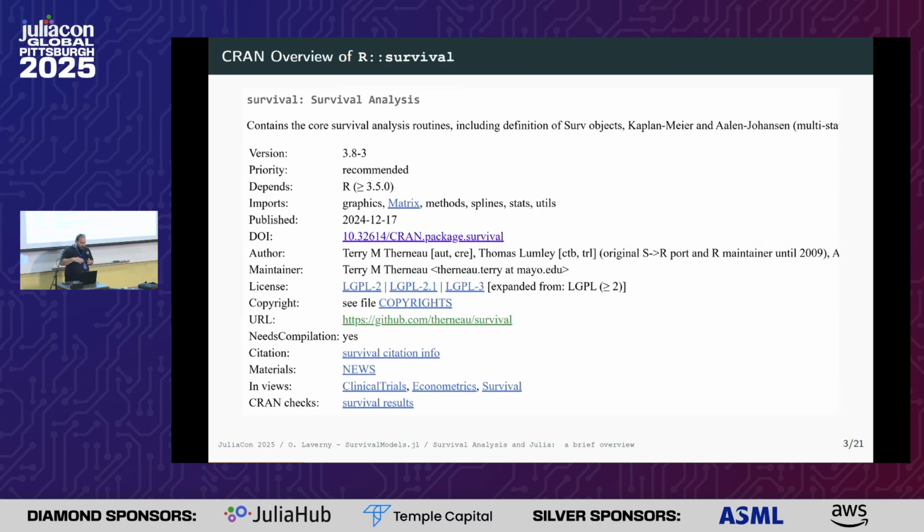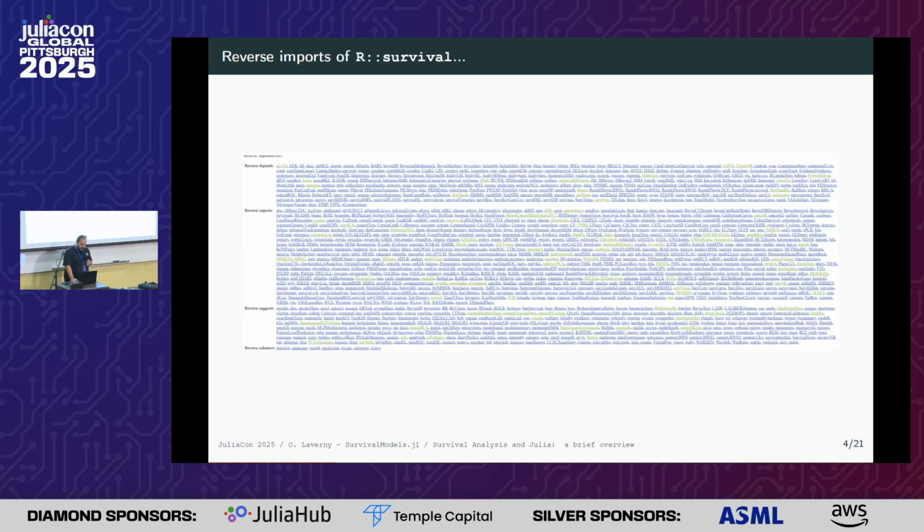In R, there is one package called Survival, this one from CRAN, that is maintained by Terry Therneau, which is at the core of the ecosystem. And it's 30-year-old code. It's been maintained since then. And it's very, very important because this is the list of packages that depend on it. So the list is a bit long.